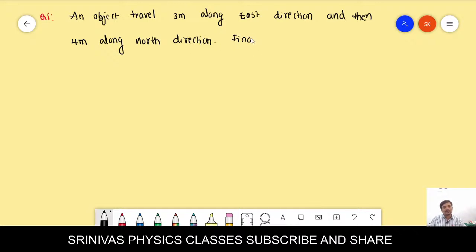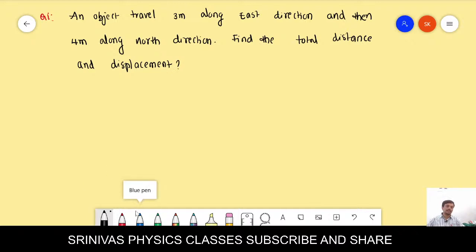Find the total distance and displacement taken by the body.